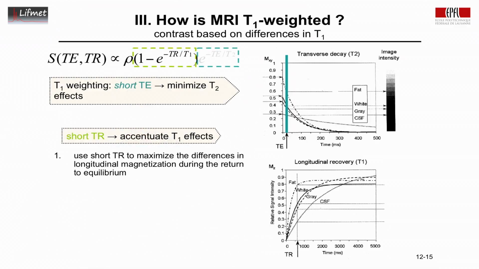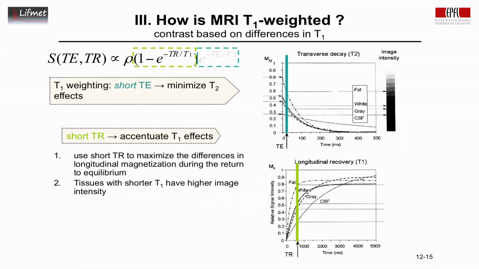So the idea is to use a short TR to maximize the differences in longitudinal magnetization as they are returning to thermodynamic equilibrium. We have CSF going slowly and white matter going much faster, so we'll have some differences here. In this particular example, the TR chosen is 600 milliseconds.